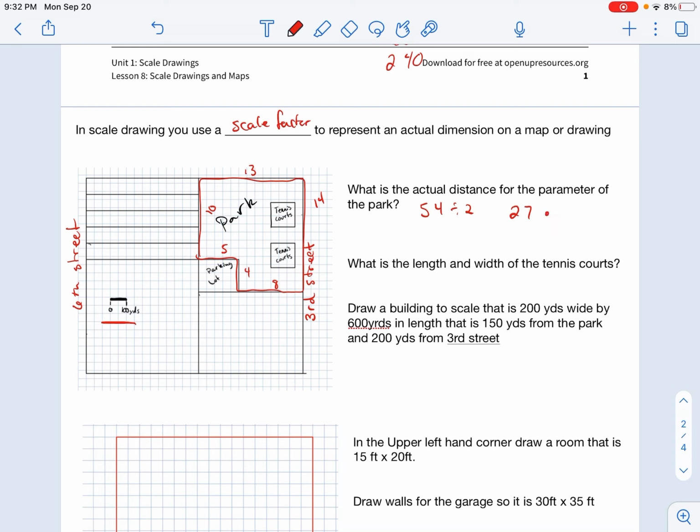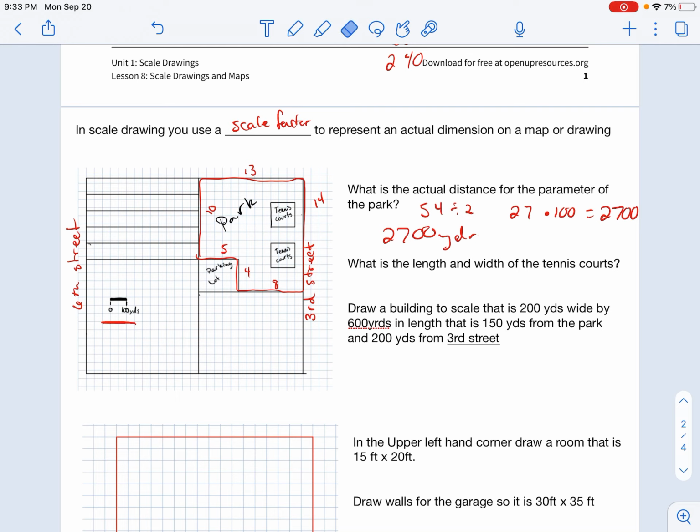So we're going to multiply this by 100, and that will give us our total distance around the park, which equals 2,700 yards.